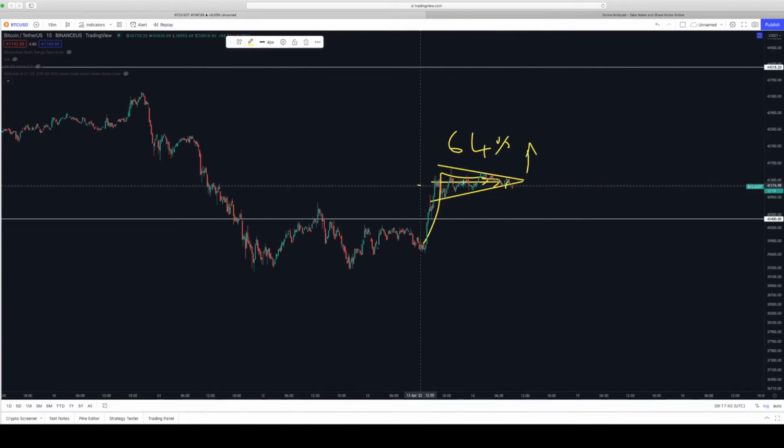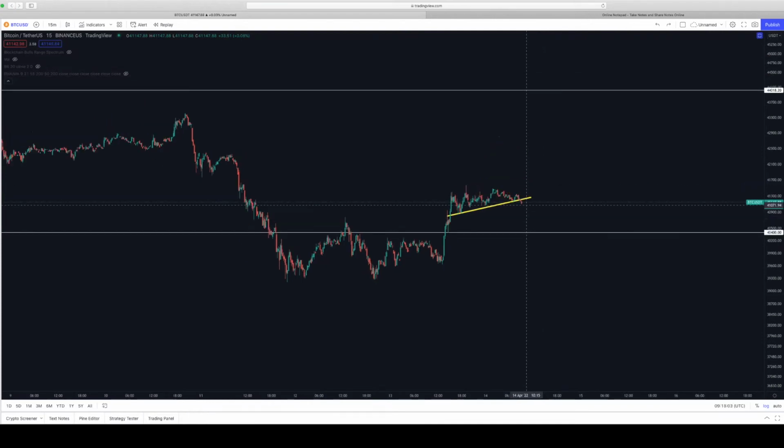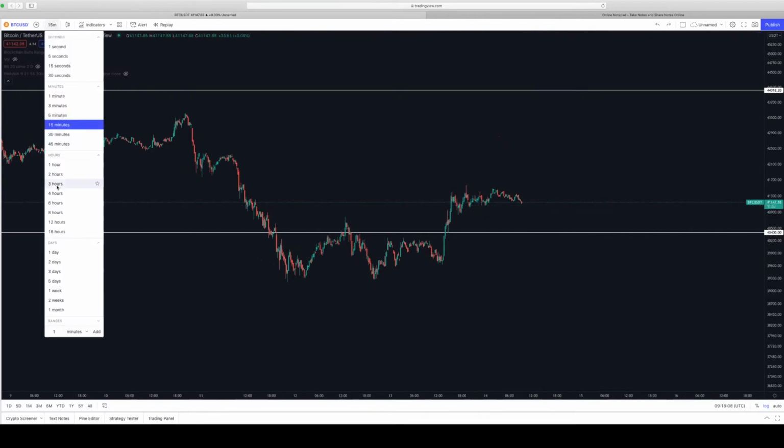That's why they're called a bull pennant. But you can see clearly right now that the price action is now moving below the bull pennant. So a couple more of these candles, and we will likely find our way heading back down to test this area here. So this area here is this line that I have. I'm just going to zoom out a little bit here to the 4-hour chart.